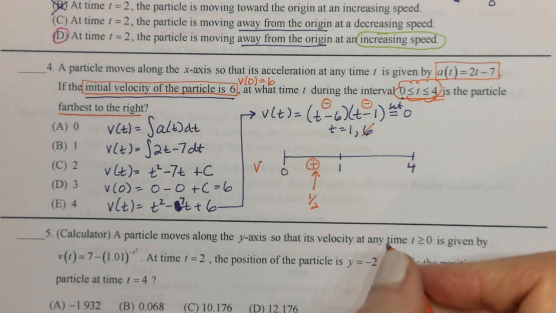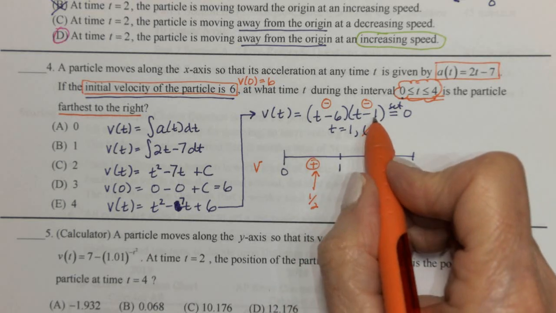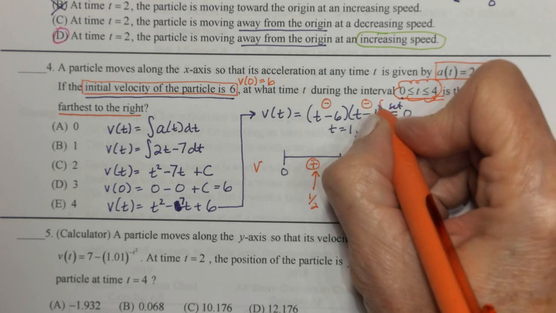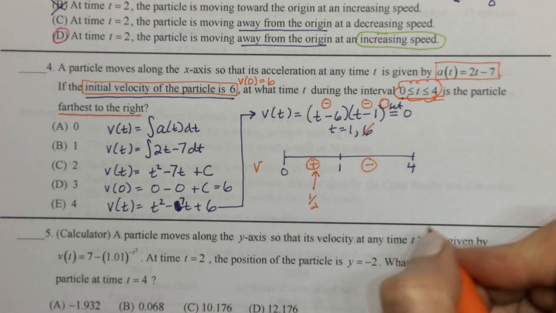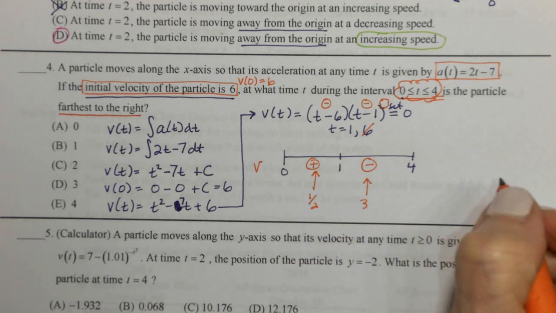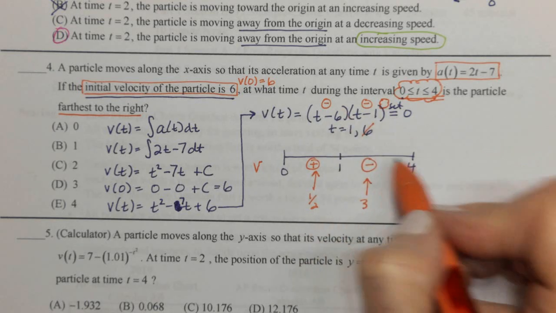I know I'm going to change signs around 1 because 1 came from an odd powered factor. If that process bothers you, just put in a number like 3, and you'll still get a negative times a positive. That will be a negative.